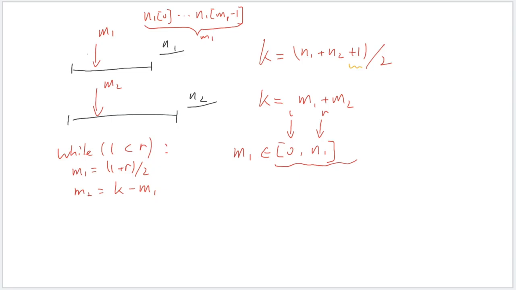And similarly for m2. So if the number at index m1 in the first array is smaller than the number at index m2 minus 1 in the second array, it means m1 will be found in the second half of the search space instead. So we update the left pointer to be m1 plus 1. Otherwise, we update our right pointer to be m1.